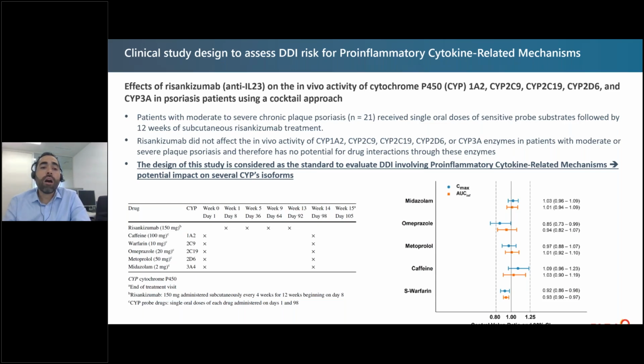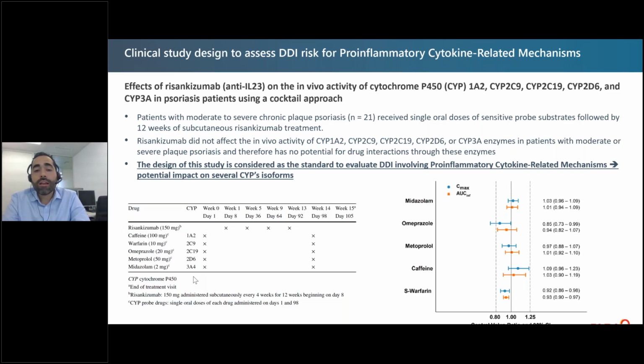In terms of design, at day 1, the investigators administered a cocktail of the probes before starting the treatment with the biologic. They measured the concentrations and the PK parameters, and then they started the repeated treatment, in this example for 13 weeks, to be sure that we are modulating the expression of these CYPs, if any.